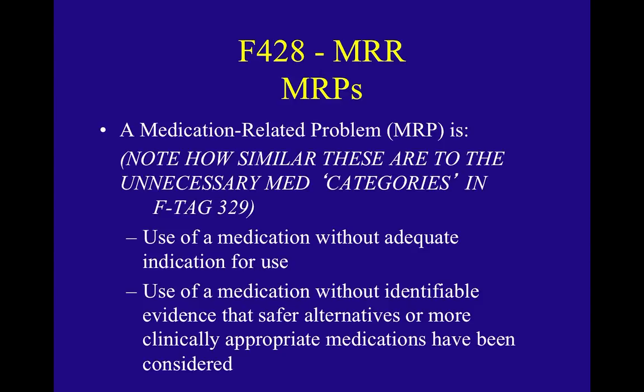But for a medication-related problem, it's obviously the use of a medication without an adequate indication for use. It's the use of a medication without identifiable evidence that safer alternatives or a more clinically appropriate medication has been considered.